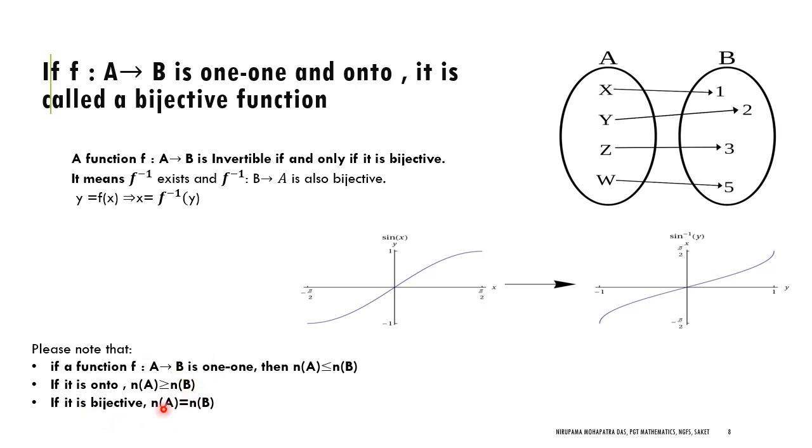By combining these two cases, if the function is bijective, the number of elements in A is equal to the number of elements in B. You can just see from here.